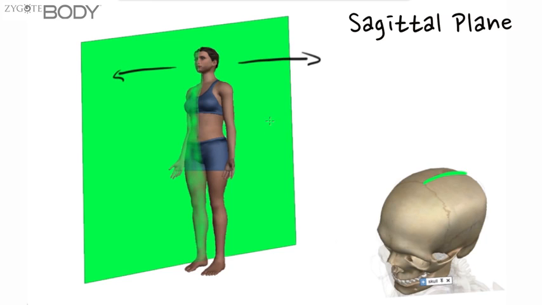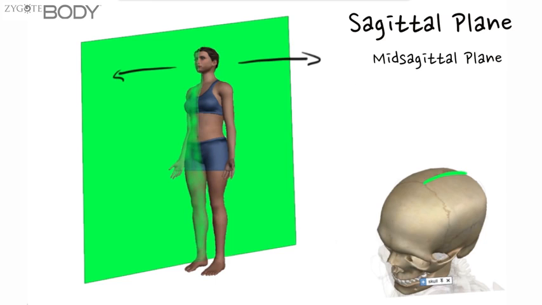Another important thing to know: if the sagittal section that you see here is made in the exact midline, it will result in equal and symmetrical right and left halves, and this is called the mid-sagittal plane, exactly as we see here.